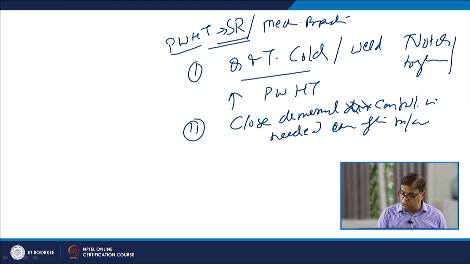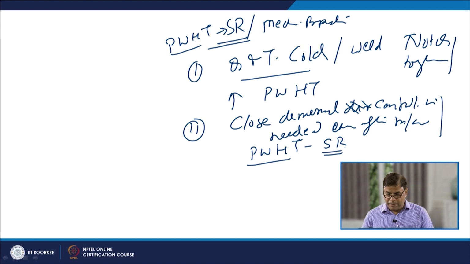So, if very close control over the dimensions or very good dimensional stability is required after the machining of the welded joints, then also the PWHT is given for stress relieving purpose, so that after the machining the required close control over the dimensions or the dimensional stability can be realized.